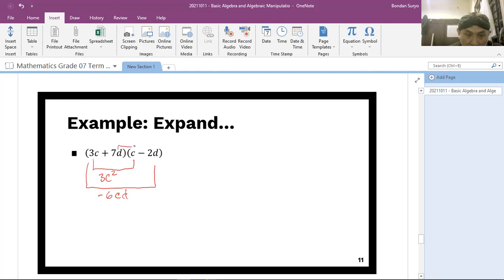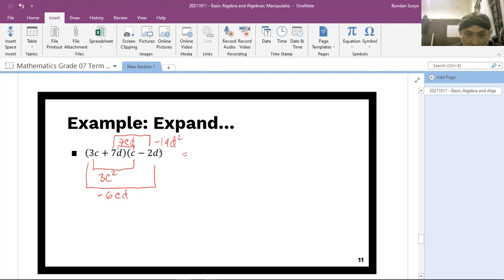This one, 7d times c, it's 7cd. Finally, 7d times negative 2d equals negative 14d squared.